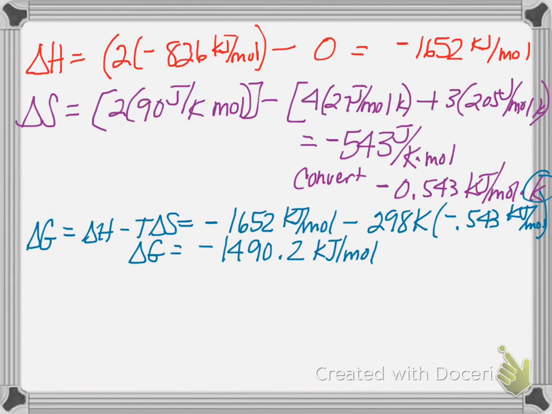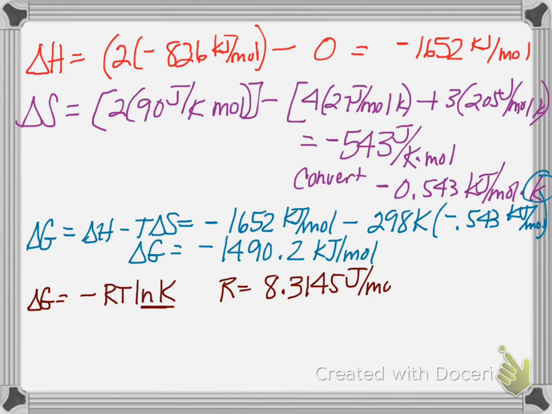So now the last step is I'm going to use delta G is equal to negative RT ln K and solve for the equilibrium. So the R value, remember, is 8.3145 joules per mole K. So that means I cannot keep this in kilojoules.